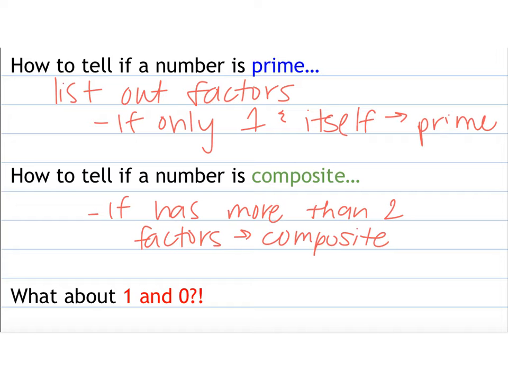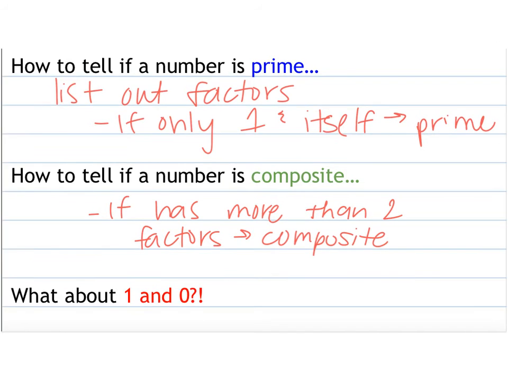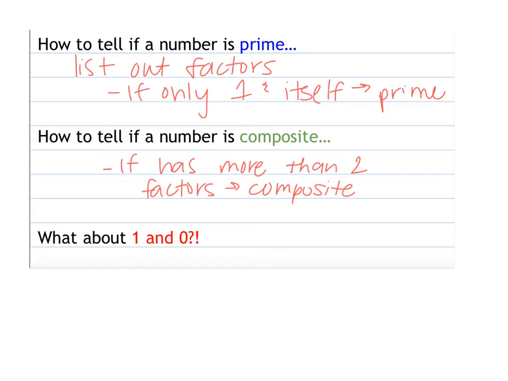What about 1 and 0? Well, let's think about this. With the number 1, what are the numbers that multiply together to make up 1? Well, 1 times 1. So its only factor is 1. But in order to be prime, it needs to have 2 factors. But 1 only has 1, so this is actually neither prime nor composite.